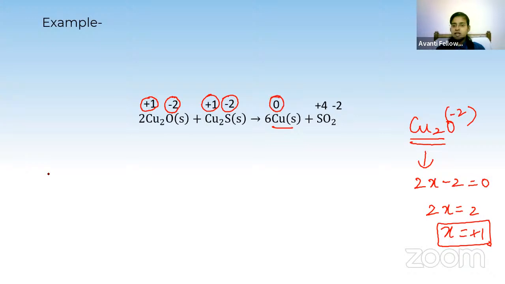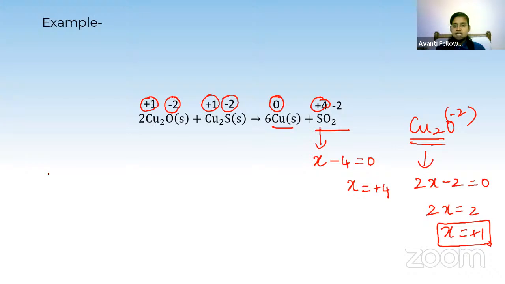In sulfur dioxide, if I take sulfur as X and each oxygen carries -2, we have 2 oxygen, so 2 into -2 is -4. X - 4 = 0, so X is +4. So +4 is the oxidation state of sulfur in this compound. Do you have any doubts in finding the oxidation state of each element in this reaction? Do you want me to explain any compound? Is it clear to all of you?